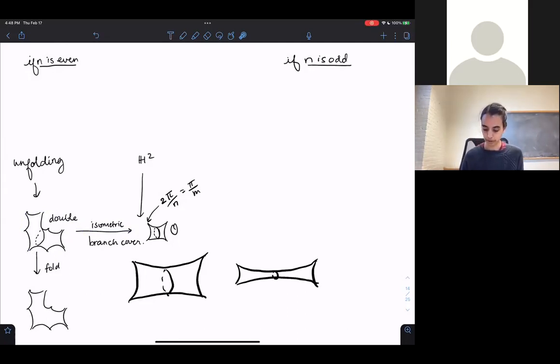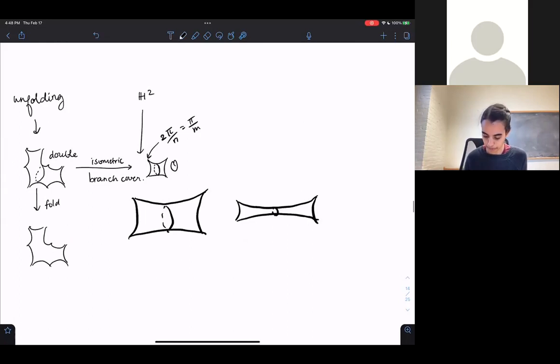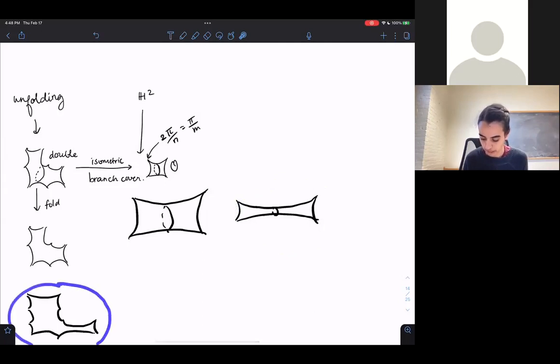And so I'm going to get a whole family of polygons that all have the same bounce spectrum. So here's one that's coming from a more stretched out version of the pillowcase. I might get something like this, and this will have the same bounce spectrum, even though they don't have the same metric.